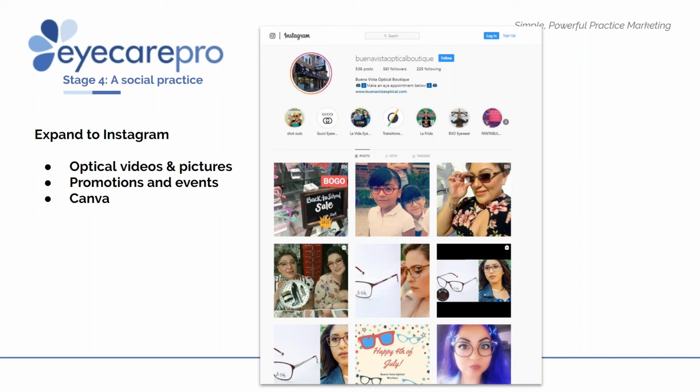I don't know what they're using, but it could be using a tool like Canva to easily set that up. And so that's an easy way for a staff member who might not have Photoshop experience to create a lot of great imagery, great content using pictures of patients, pictures of staff, pictures of the frames that you have in a way that's going to be a little bit more effective.